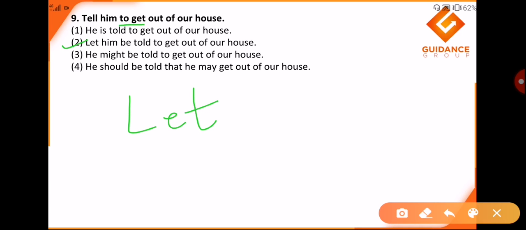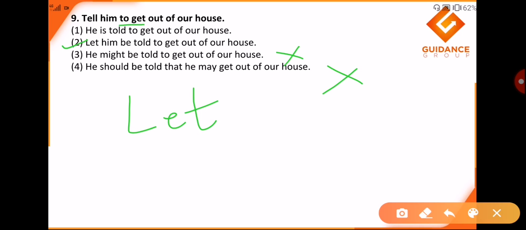Another way to change this "should" would be "he should be told to go out". "He might be told" talks about possibility, and there is no possibility here, so the third one is also out.